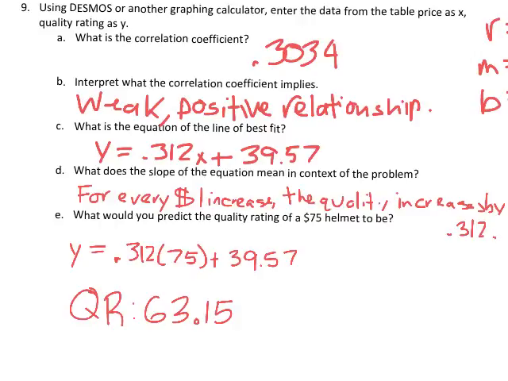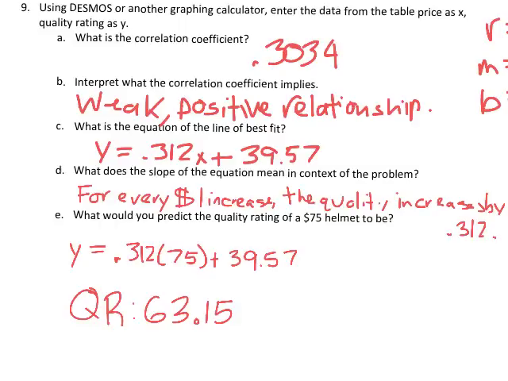So you go to the store, right? You go to the store and you find a helmet on the shelf and it is $75. You look at the tag and the quality rating is 45. Should you buy that helmet? No, you're getting ripped off, right? You're not getting what you're paying for. You may be paying for a brand name. You may be paying for just somebody that thinks that they can run the cost up on you.